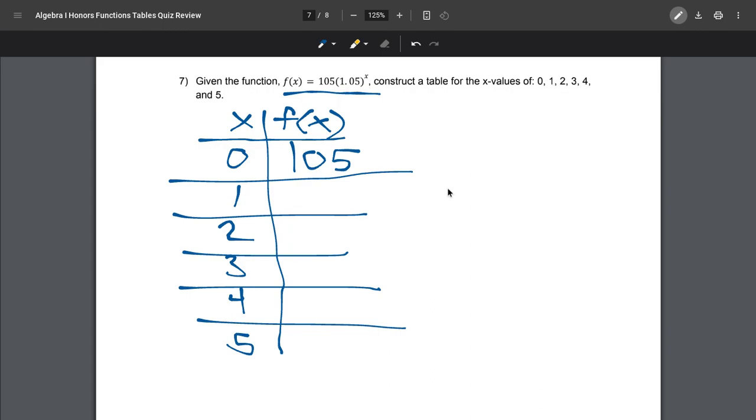So 105 times 1.05 is going to be 110.25. And we're going to multiply times 1.05 again. So we have 115.7625.